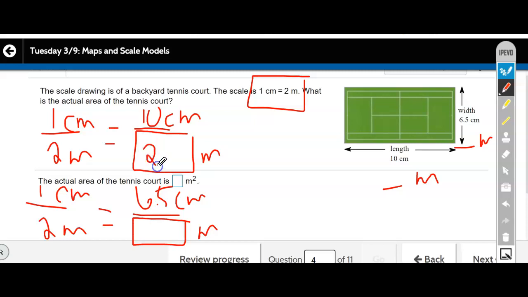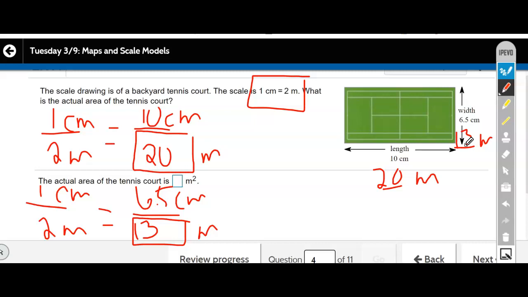20 meters. So that's this one. What's the width? 13 meters. Now, what do I do to find the area, Jeremy?